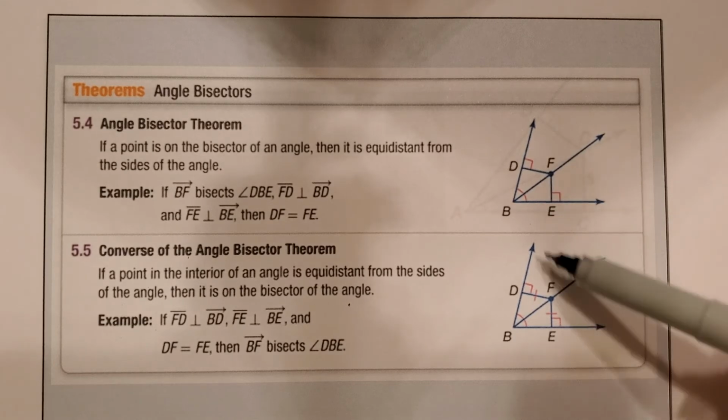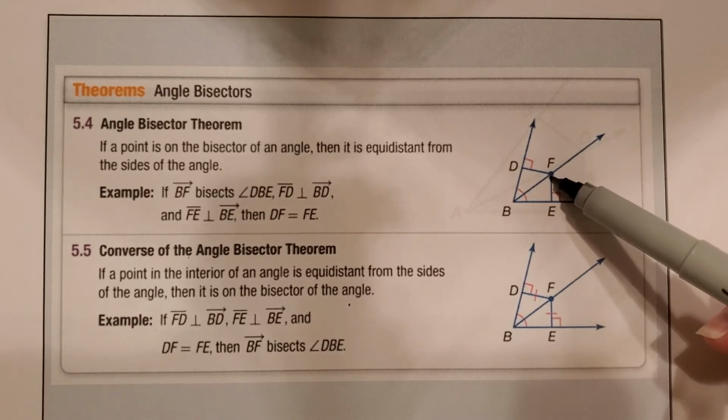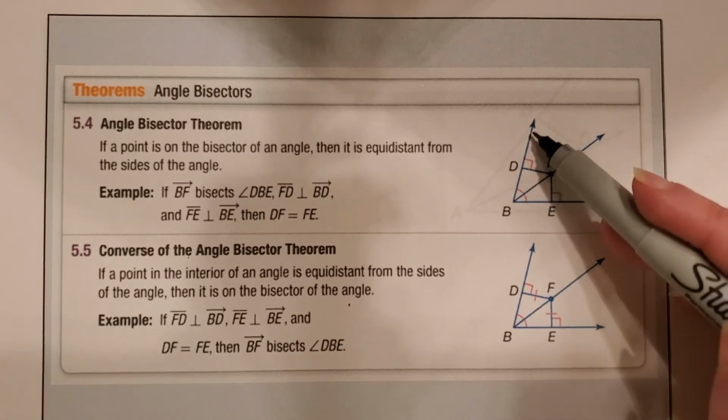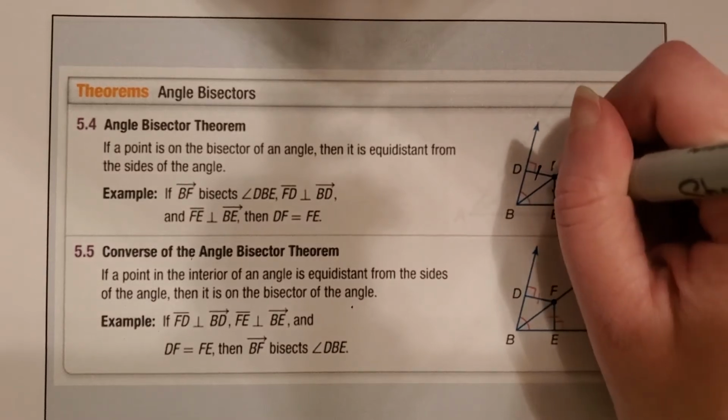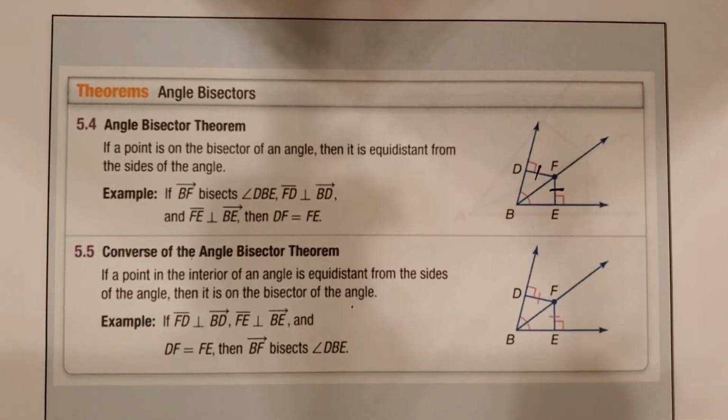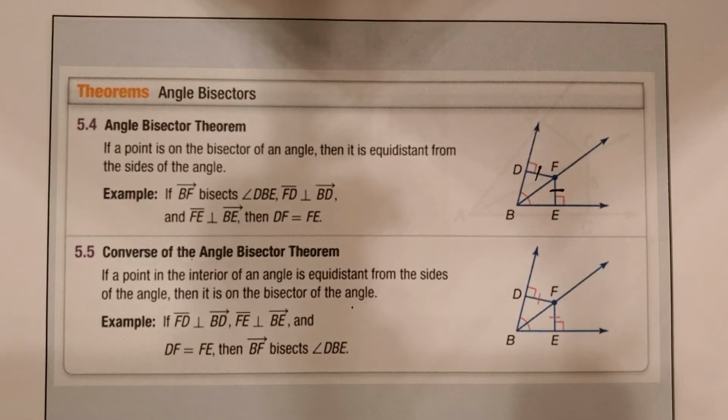All right, so if we're talking about point F on the actual angle bisector, we know it's equidistant from both of these sides. So we could say that FD is congruent to FE. That's what the actual angle bisector theorem is saying. And again, the converse is just in reverse.